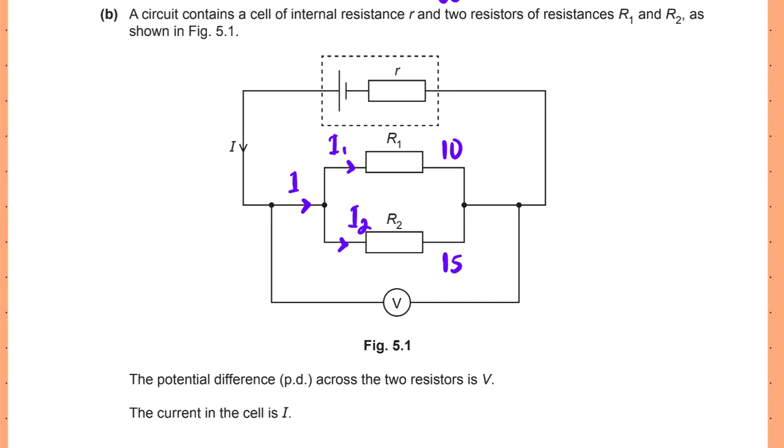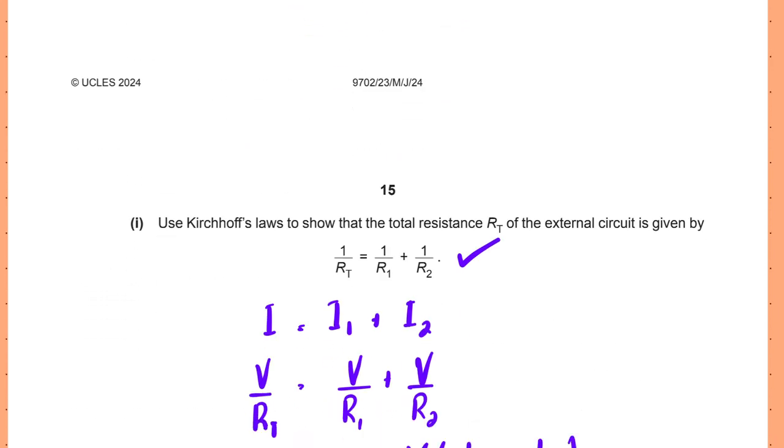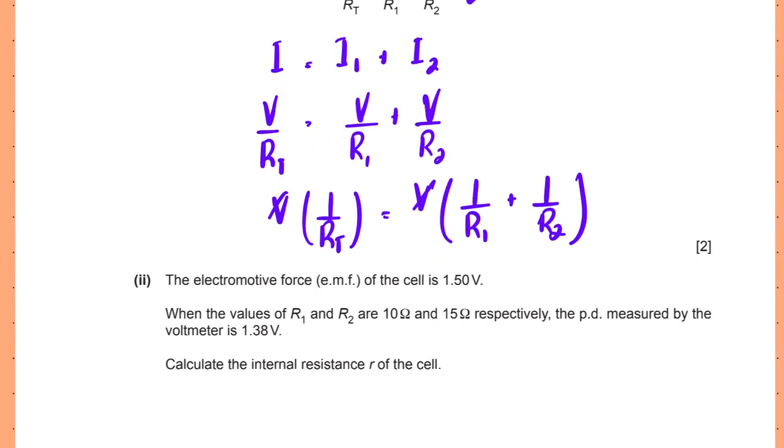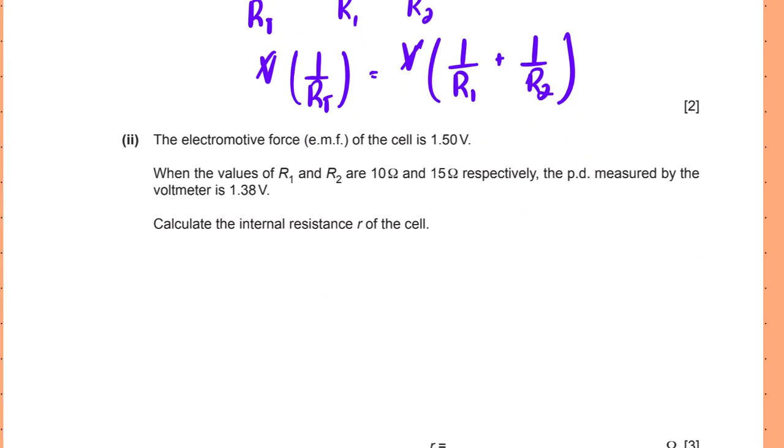So what I can do here is, if I combine both of these, I get the total resistance here, and if I know the current, okay, so I actually don't know the current, I'll have to find the current using the potential difference which appears across them. So I'll get the current and then I can use that for the internal resistance calculation.